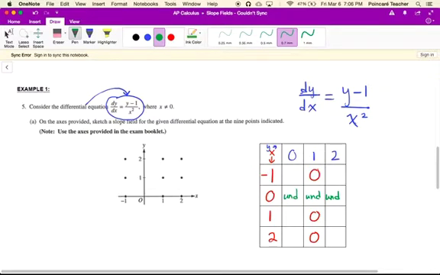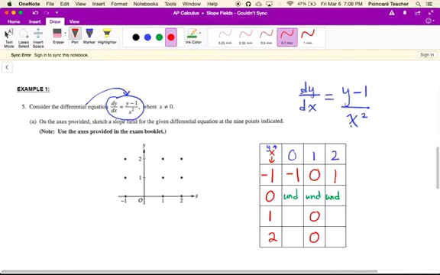So if I do negative 1 squared here, the denominator is always 1, and the equation will just equal whatever y minus 1 is. So for this whole row, I don't need to plug in negative 1 for the denominator because I know it's going to equal 1 no matter what. It just depends on what the y value is. So 0 minus 1 gives you negative 1. 2 minus 1 is 1.